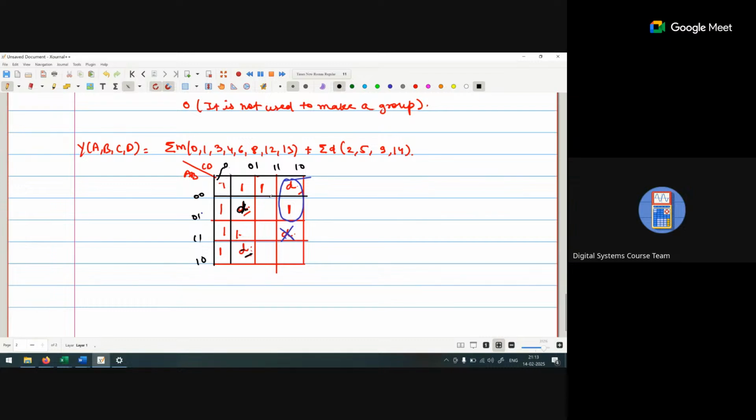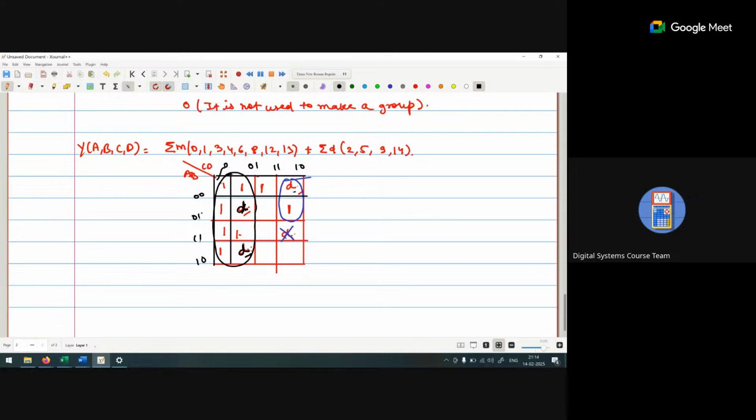So I consider these two D, so a group of 8 will be created. Clear?